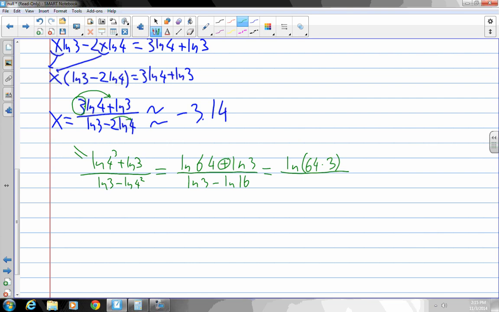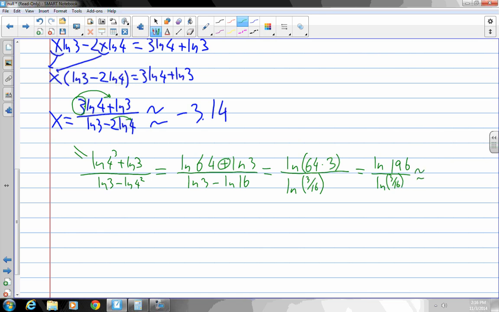That's your power rule. By the quotient rule, the denominator is ln of 3/16. The difference of logs becomes a log of a quotient. So all I have is natural log of 3 times 64, which is 196, over natural log of 3/16. Right?